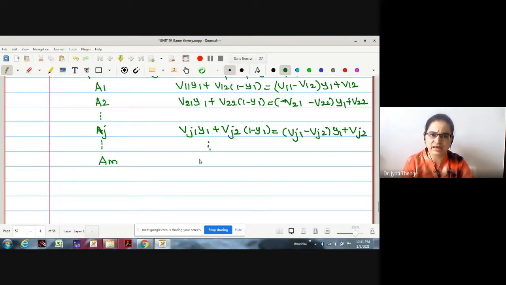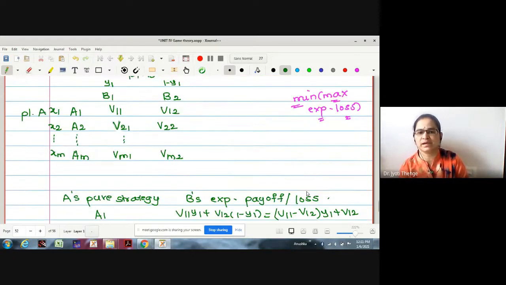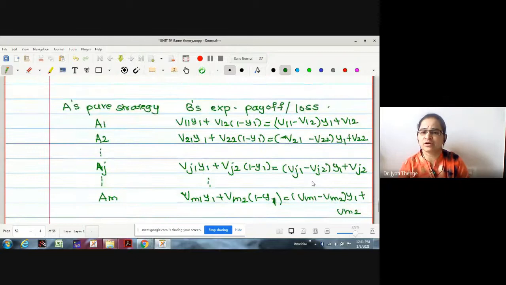And lastly, similarly, Vm1 Y1 plus Vm2 into 1 minus Y1 is equal to Vm1 minus Vm2 Y1 plus Vm2. These are the expected losses by the player B, right? Again, if I observe, all of those are linear equations in Y1.